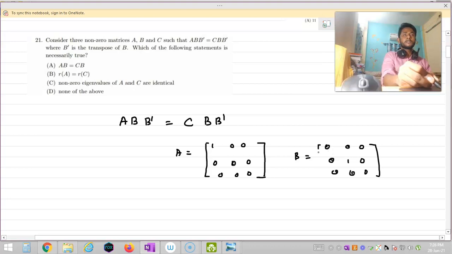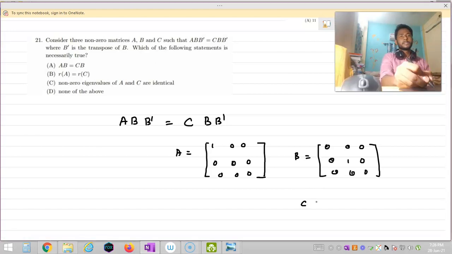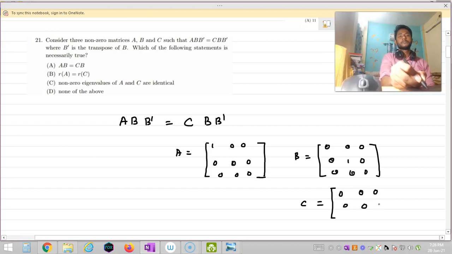You can check that B transpose is equal to B. And I am considering the matrix C as 0 0 0, 0 0 0, 0 0 minus 1. B transpose is always equal to B.